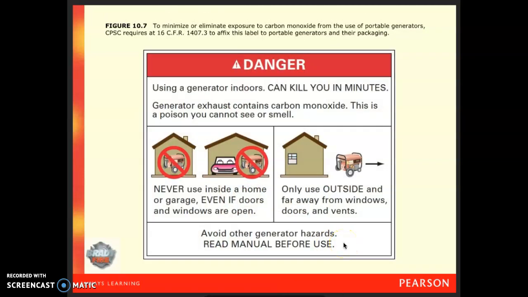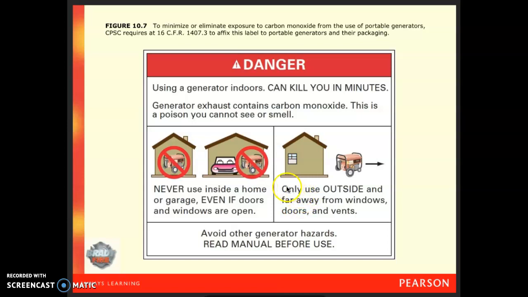Another possible issue is with generators. Here in Vincennes, we just went through a bit of a power scare where we lost power for several days, and a lot of people ended up buying generators. The thing with generators is they will burn gasoline or some other kind of hydrocarbon fuel.